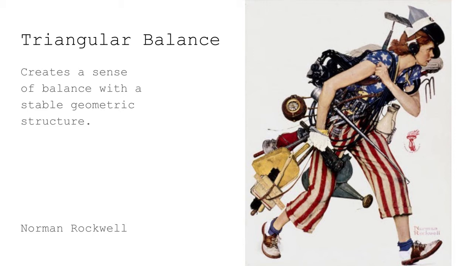And part of the success of this image is that it keeps our eye moving around the image. There's many details, but they're all structured in a way that first we see her face, and then we start to look at the other things in the image. Because things are placed almost in the shape of a triangle, similar to a circle, it keeps our eye going from one point to another.